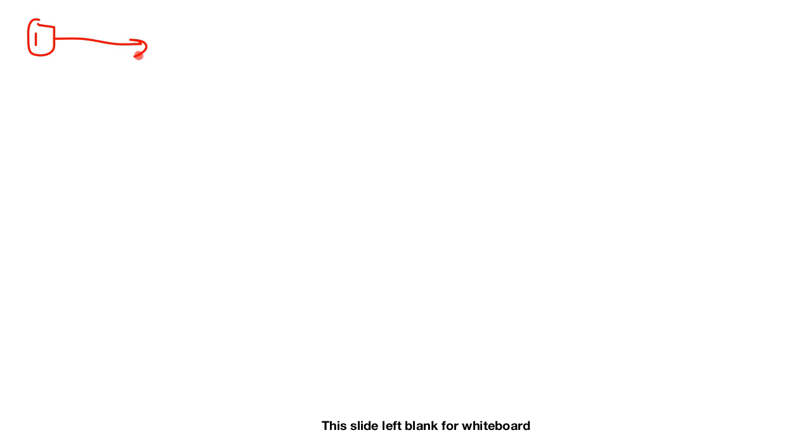So this one we have 2. And the distance that was covered here was 2. Then we had 4. So I've not clearly drawn that.